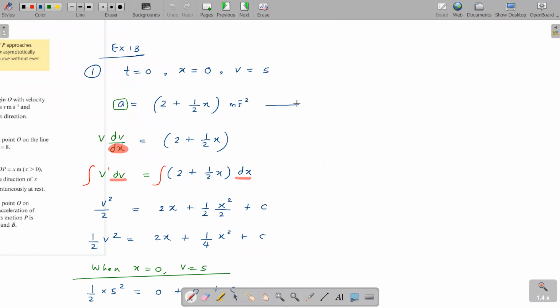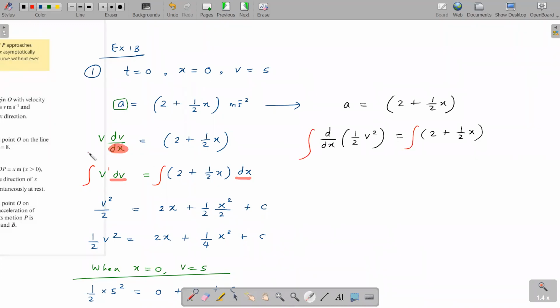So over here, if I write, just to show you, acceleration is equal to, now the equation was, okay, I'm not doing the whole thing, just showing you how to start it. Acceleration is 2 plus half x. So acceleration is what? D by dx of half v square, right? D by dx of half v square equals 2 plus half x. Once you come to this point, we integrate both sides.